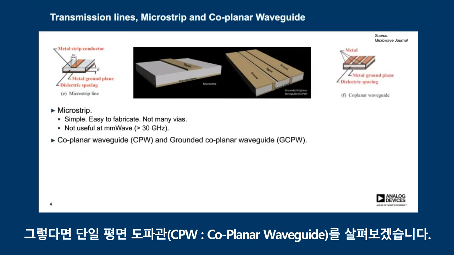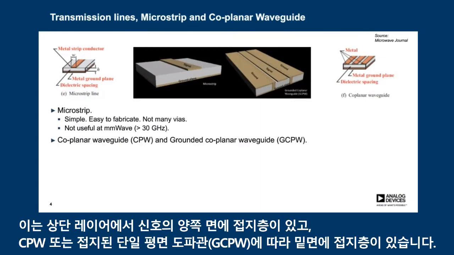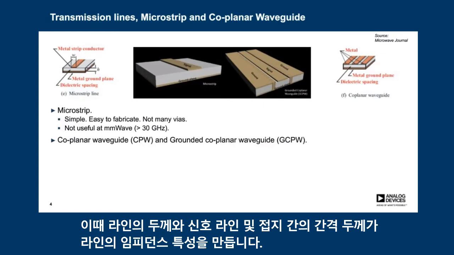And differently, then we look at coplanar waveguides or grounded coplanar waveguides, which bring a ground plane to either side of the signal on the top layer, and then depending on whether it's the CPW or the GCPW, there will be a ground plane underneath. And in this, the thickness of the lines and the thickness of the gap between the signal line and the grounds is what makes up the characteristic impedance of the lines.